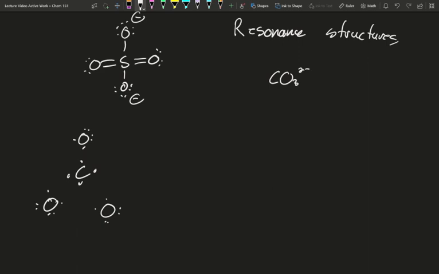I have 2 negatives, so I'd get 2 extras. And then I'd pair anything that remains. So 1 from that oxygen still unpaired, 1 from that oxygen, 2 from that oxygen. I end up with a shape that is a double bond, a single bond, and a single bond, with 2 negatives.